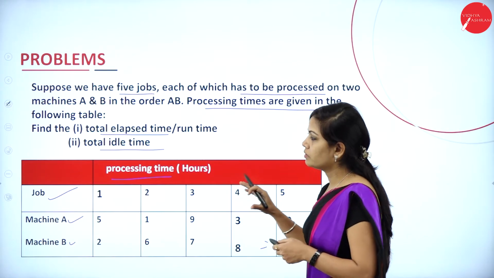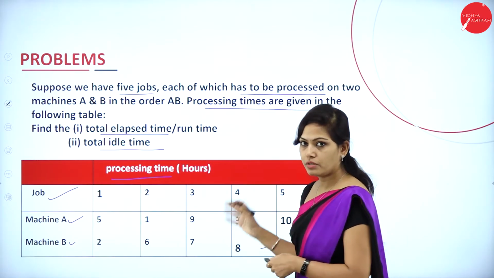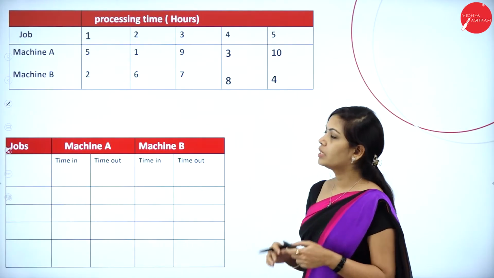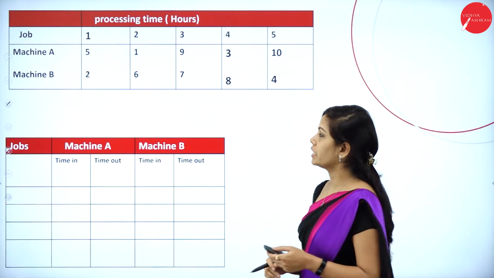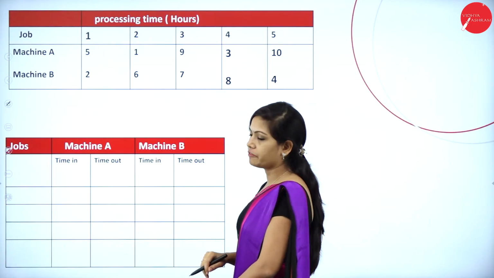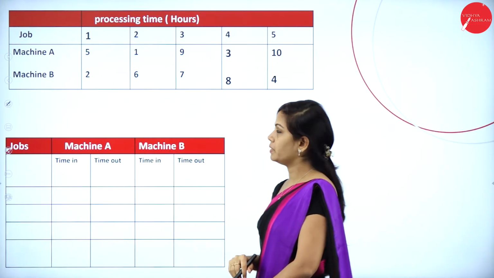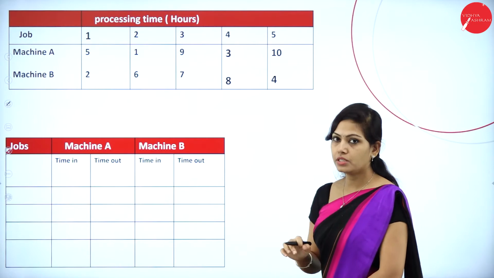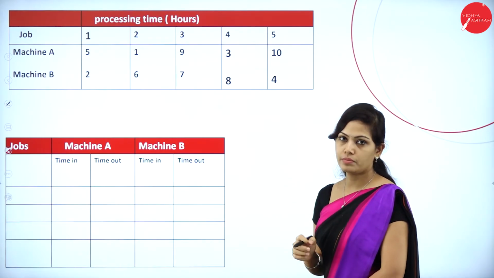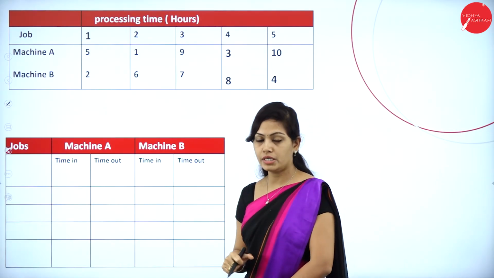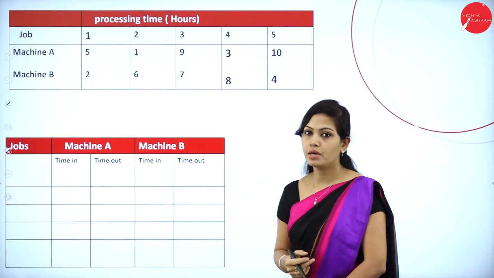So this is your given table. Now the first step in job sequencing: you have two machines, machine A and machine B. First I will find the sequencing order, so that we can get the best optimal solution.